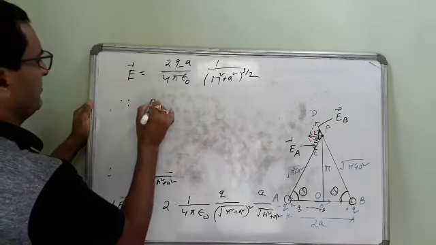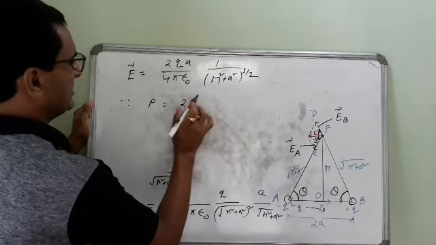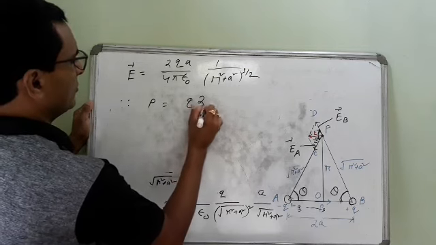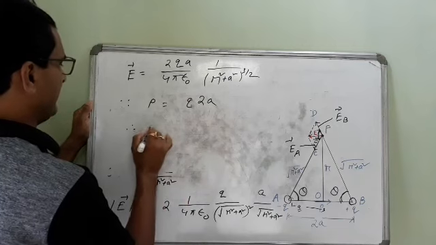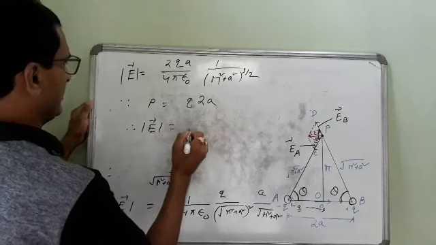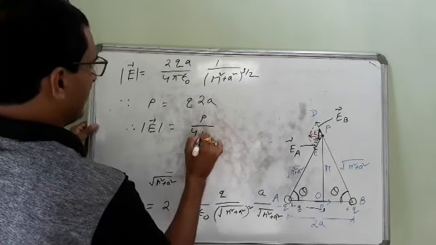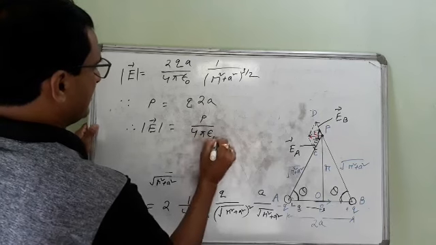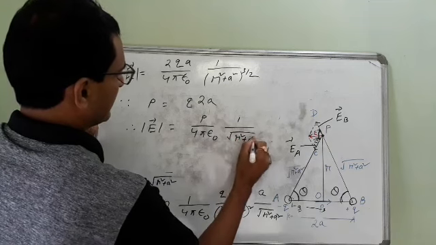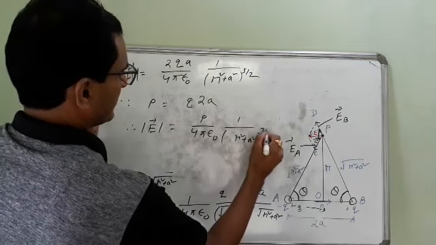Now, since P equals Q into twice A, therefore we can write mod of E is equal to P by 4 pi epsilon naught, 1 by R square plus A square to the power 3 by 2.